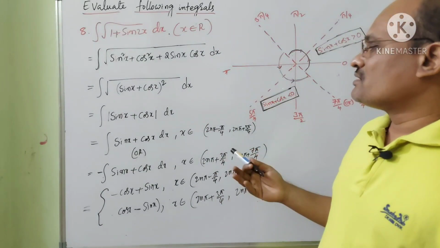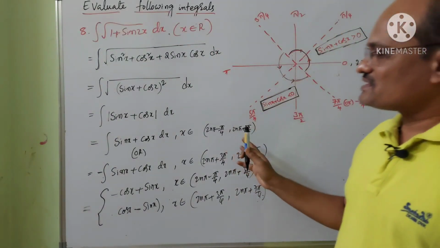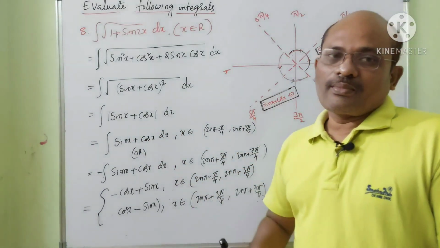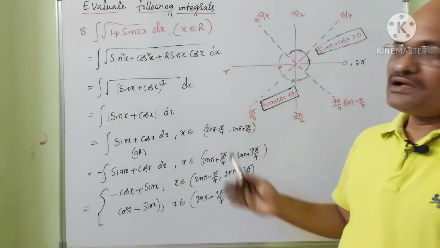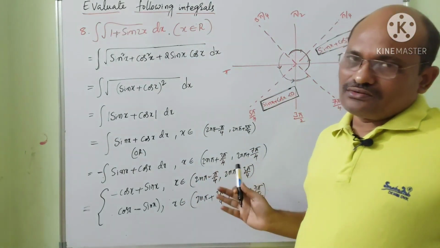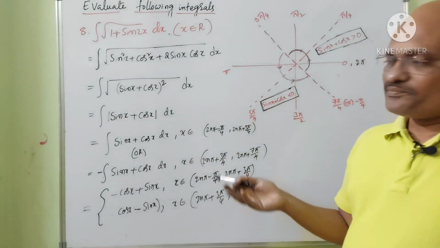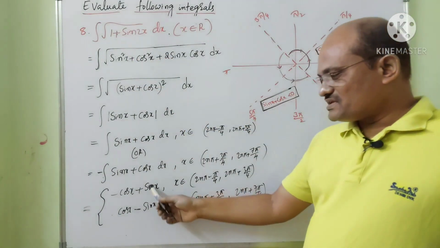So for all real numbers I discussed integration, but if a limited interval is given, let's verify where it is positive, where it is negative, and split and integrate separately. So the integration of root 1 plus sin 2x is maybe this, maybe this.